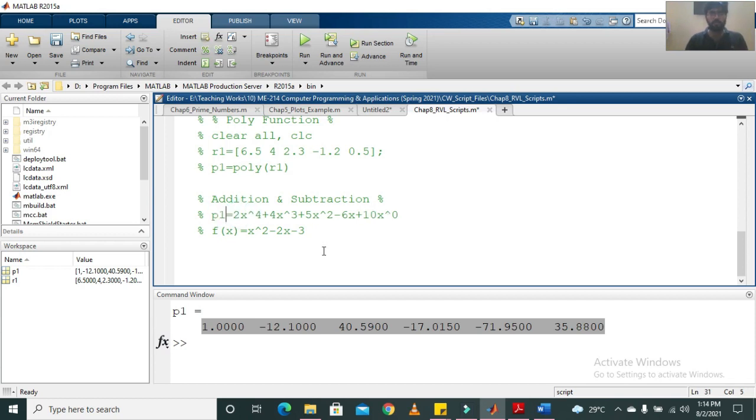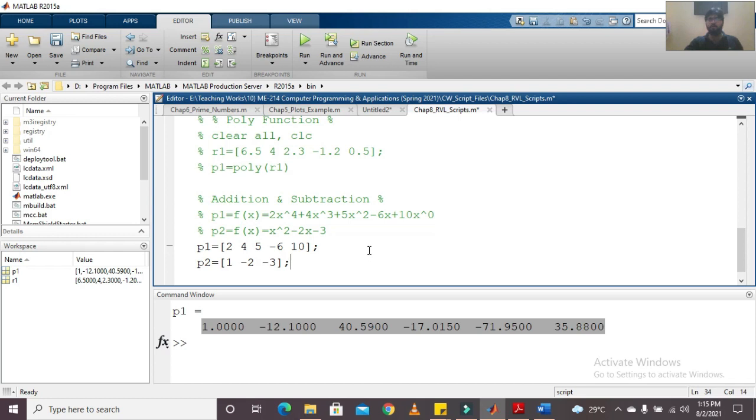So I will define P1 like 2, 4, 5, minus 6 and 10. We have already learned how to write a polynomial in MATLAB, and for P2 we will define it as 1, minus 2 and minus 3. So these are the polynomials which I want to add.